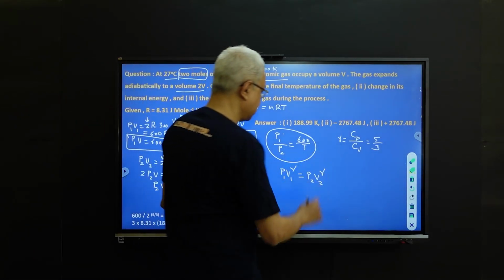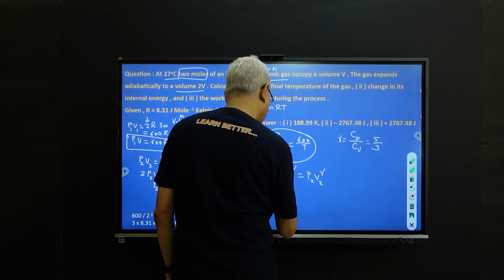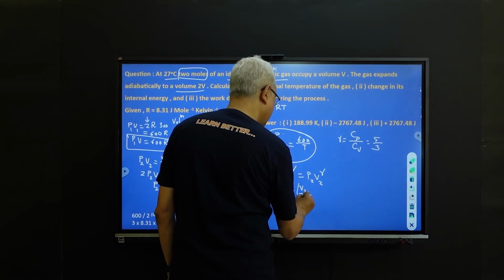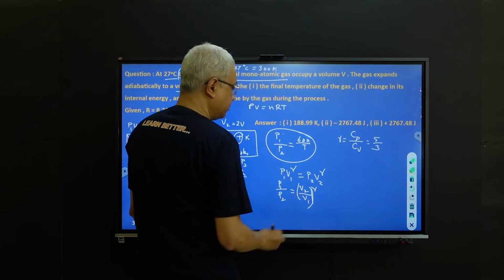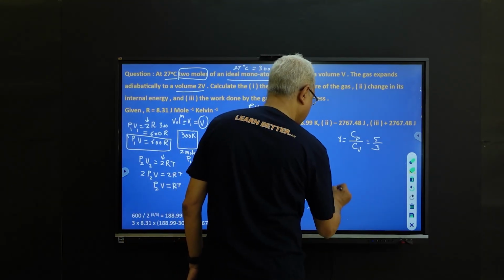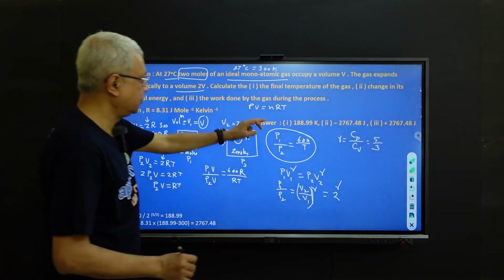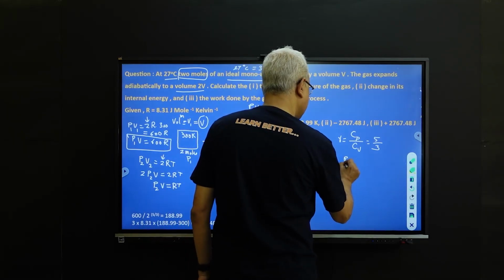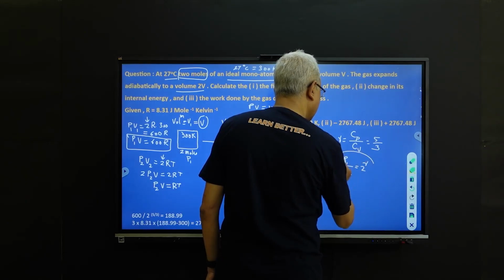Now, P1 by P2 is equal to V2 by V1 whole to the power gamma. But V2 is twice V and V1 is V, so it is 2 to the power gamma. So P1 by P2 is 2 to the power gamma also.